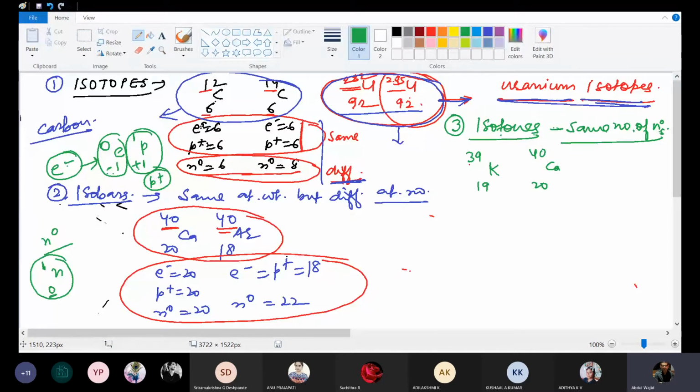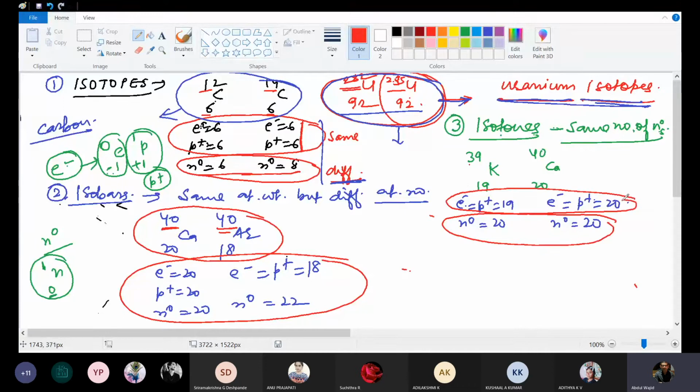Now see how you will calculate: here electrons and protons are 19. Here electrons and protons are 20. And here neutrons are 20, 39 minus 19. Here also neutrons will be 40 minus 20, that is 20. So isotones are those species which have same number of neutrons but different number of electrons and protons.